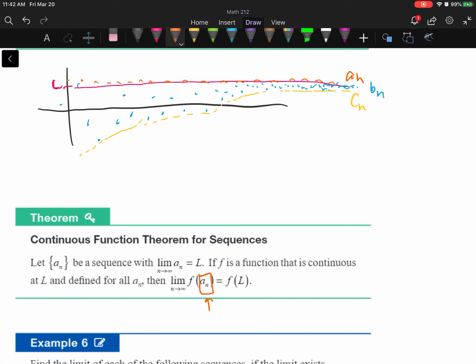So a sub n we know is convergent, f we know is continuous, and what we see here is that even though the sequence is plugged inside of the function, the continuous function f doesn't mess up the convergence of converging sequences.